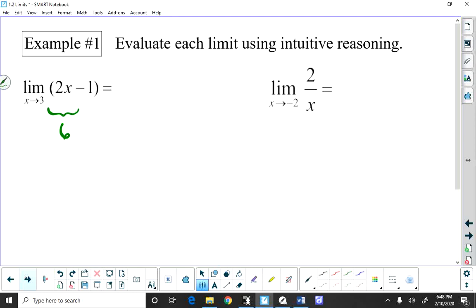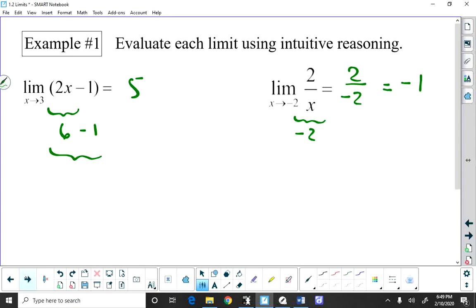So 2 times that number should be getting closer and closer to 2 times 3. And that means, intuitively to me, the whole thing should be approaching 5. Over here, if x is approaching negative 2, to me, that makes sense that 2 divided by negative 2 would approach negative 1. 2 divided by negative 2 is negative 1.